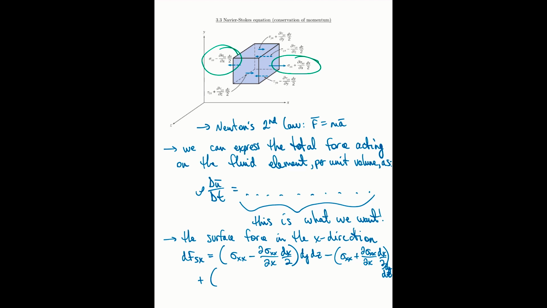Now in the x direction we also have all the stuff that's on the z plane but is also acting in the x direction. So this is the face that's facing us and the one facing away. And then the y plane also has its x direction shear there and there, bottom and top.